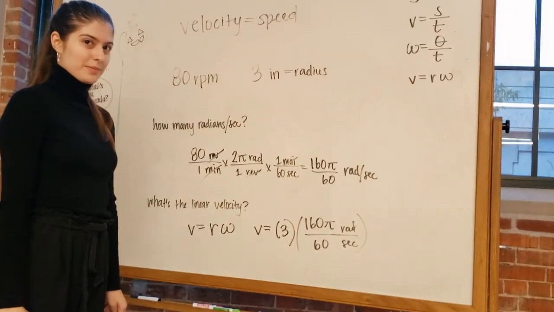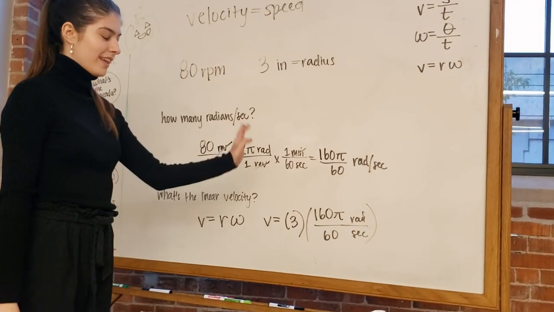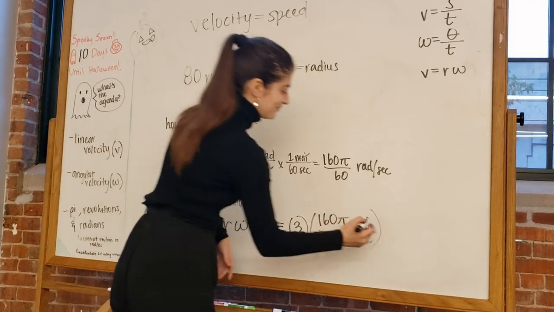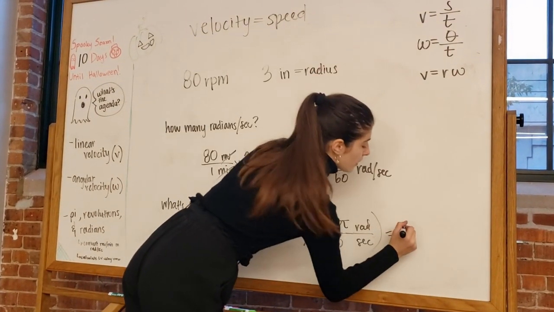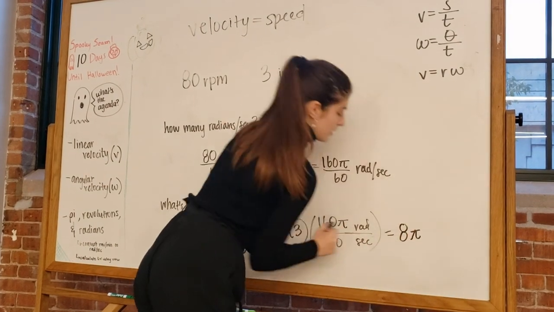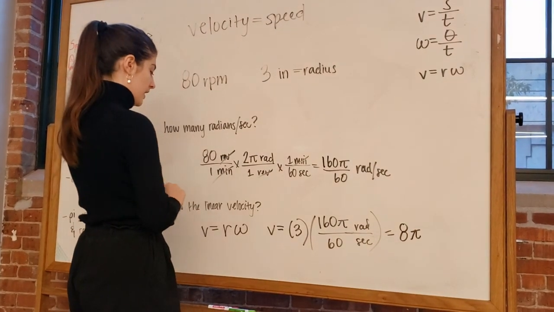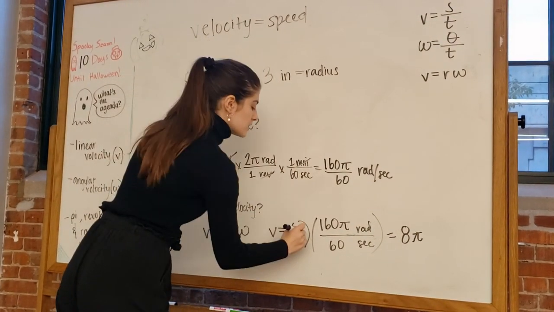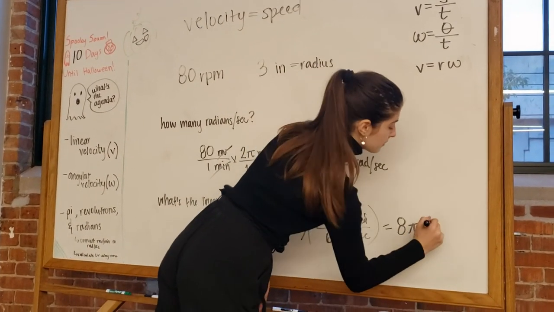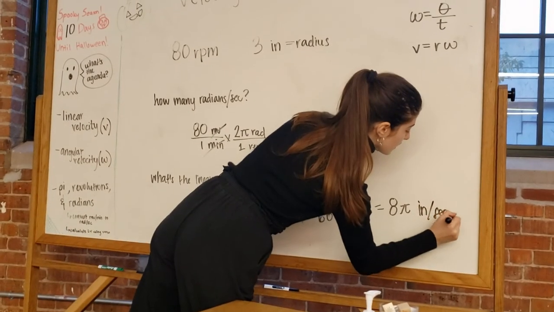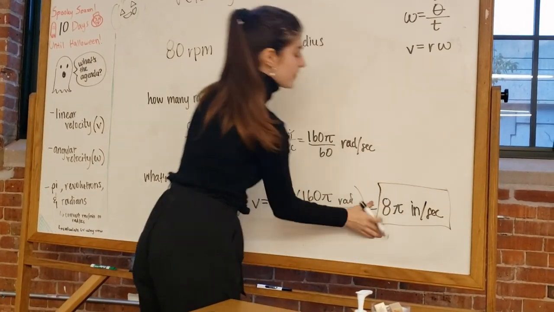Pause. Okay. If you do the math for that, you just reduce the fraction. This is going to leave you with 8 pi, and it's going to be in inches per second, because the radius is in inches. And that's our linear velocity.